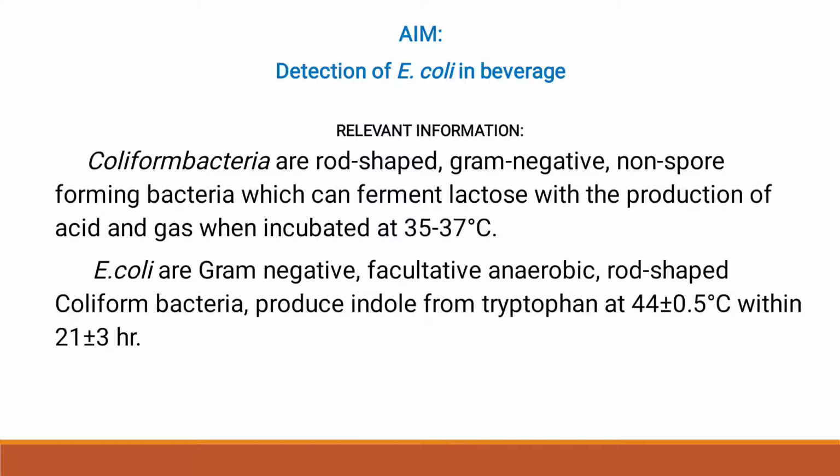So, let's move on with the relevant information. There are two bacteria that are found in a beverage, or we can say the water sample, that is coliform bacteria and E. coli bacteria. Coliform bacteria are rod shaped and gram negative, and do not form any spore, and ferment lactose with the production of acid and gas when incubated at 37 degrees centigrade.